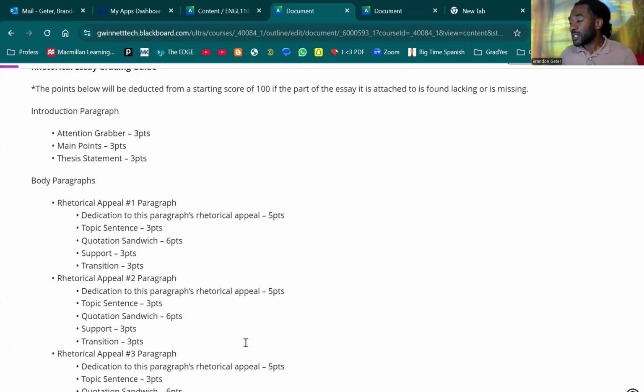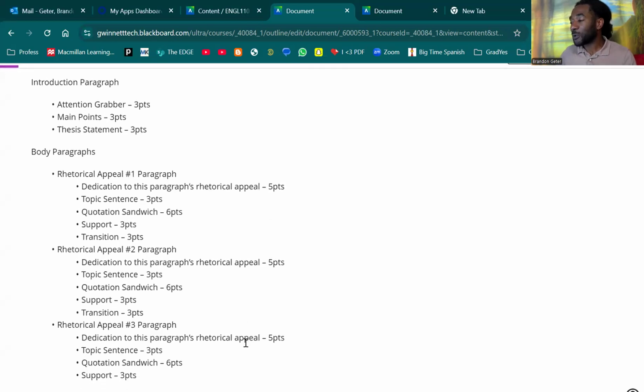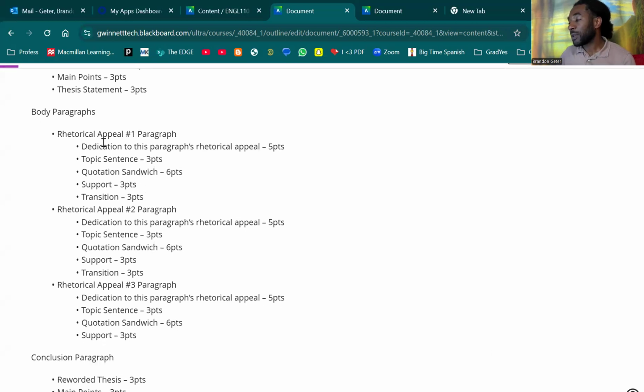So here's the paragraph outline for the rhetorical essay. Attention grabber, main points, thesis statement, all were 3 points. Your first body paragraph should be dedicated to a single rhetorical appeal. So it's dedicated to ethos, pathos, or logos. The second body paragraph is dedicated to a different rhetorical appeal.